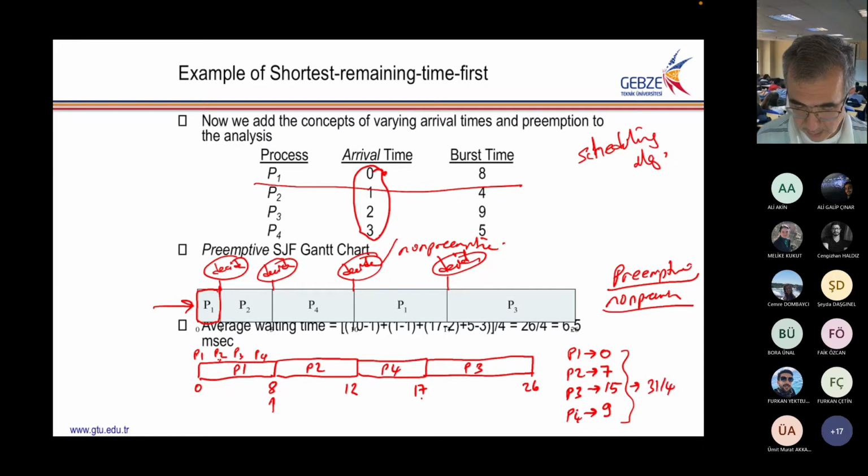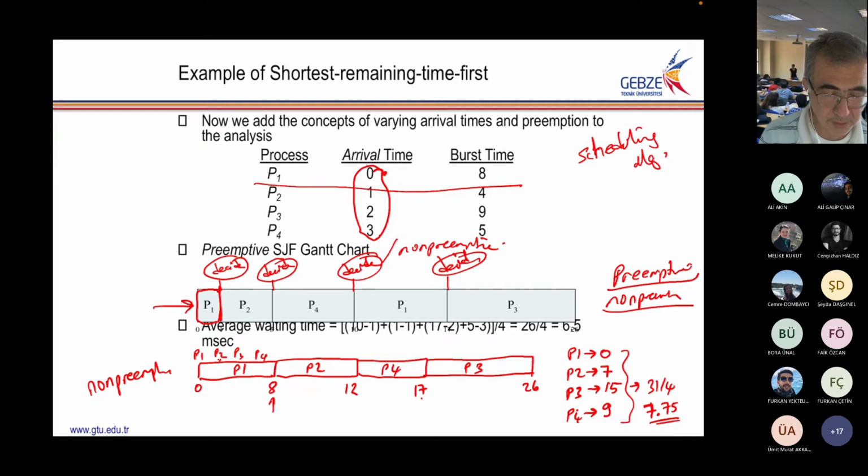It is 7.75. I think so, yes. So average waiting time, if it is non-preemptive, is 7.75.